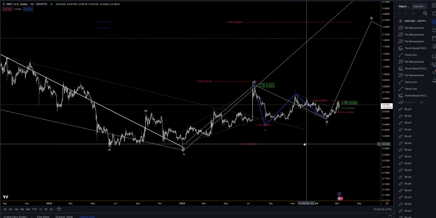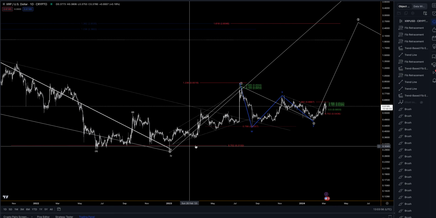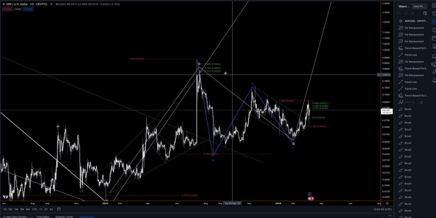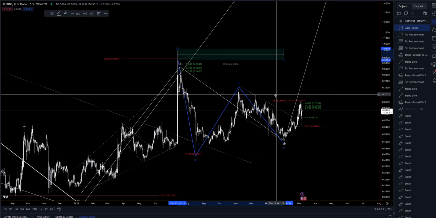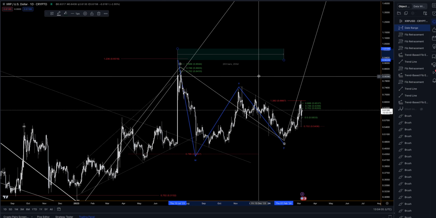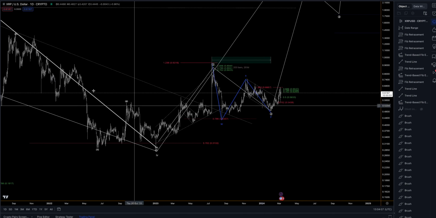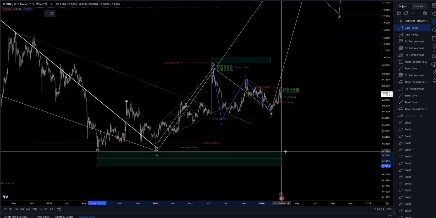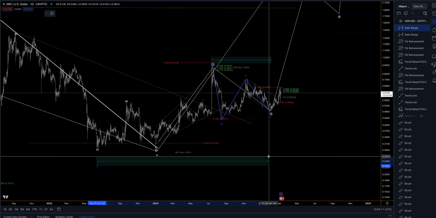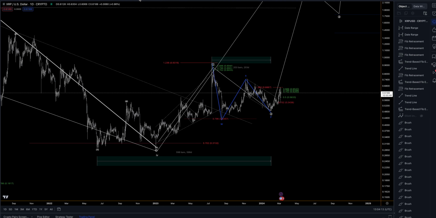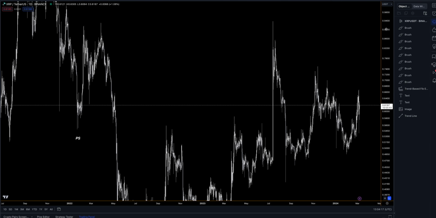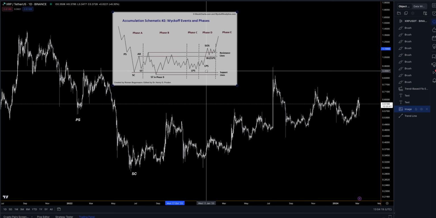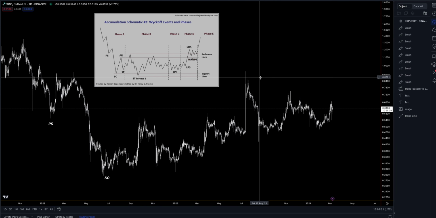While we were in this accumulation range, for over 200 days, we've been doing our wave 2 within a larger 600-day Wyckoff accumulation schematic. Okay, so let's go back to the chart that I had there, and let's map this out. I put the diagram here so you can follow along.